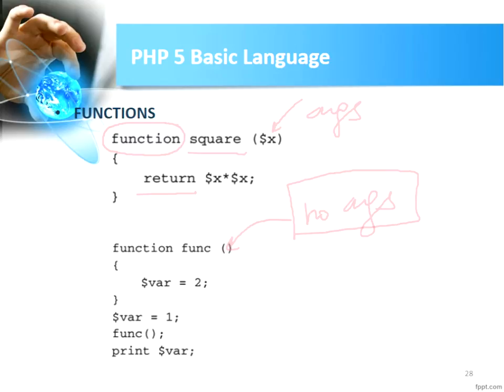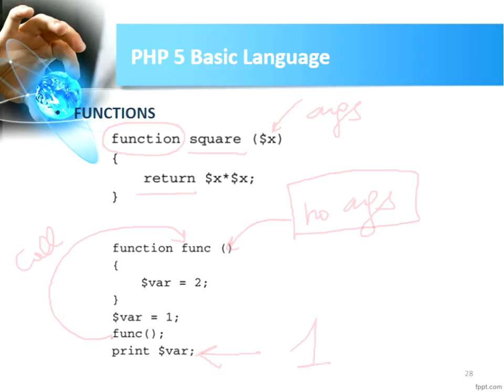So I can make a function without arguments. For example, this function assigns to my variable the value 2. So if I write var equal 1, after that func, that means I call this function.